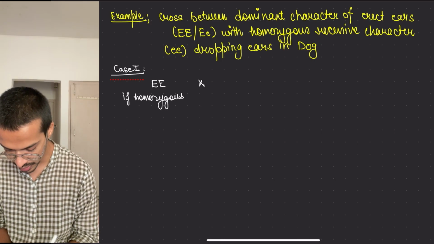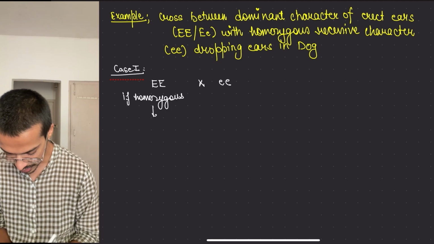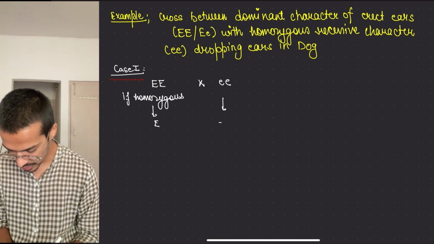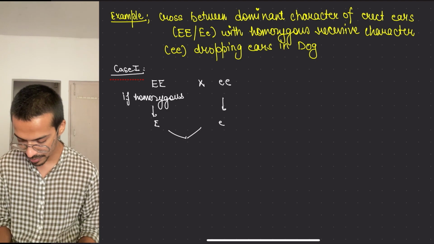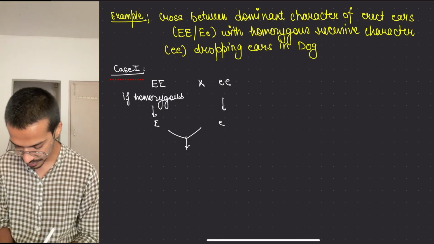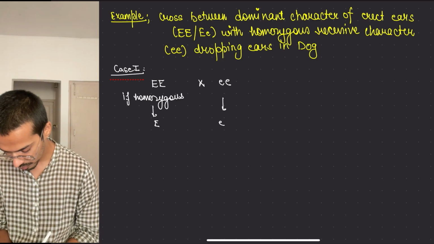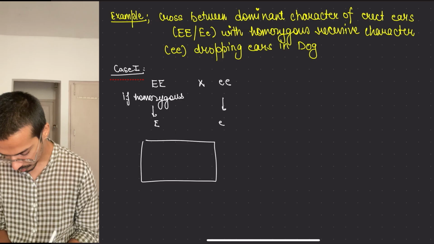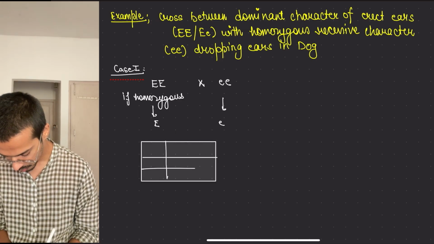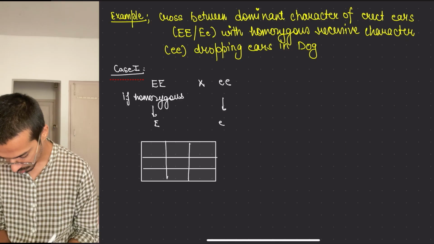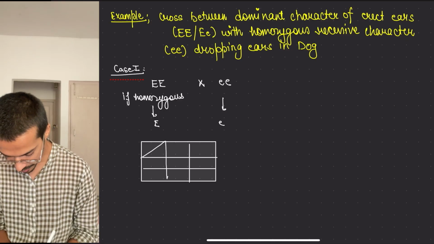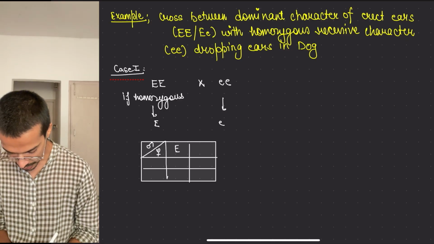They will make these gametes. They will do a cross, and let's make the Punnett square. Capital E gametes, small e. So capital E.